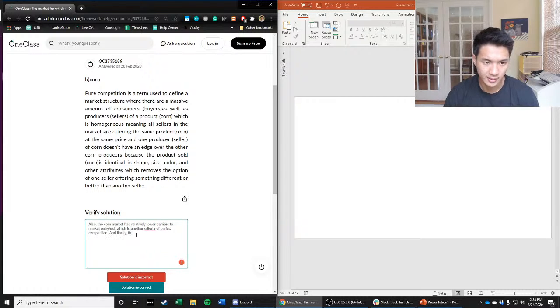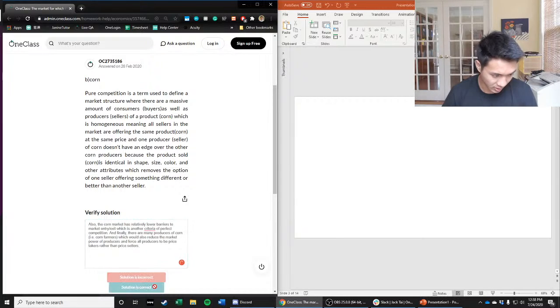And finally, there are many producers of corn, i.e. corn farmers, which would also reduce the market power of producers and force all producers to be price takers rather than price setters. Okay? But the solution is correct, and so we'll still mark that as correct.